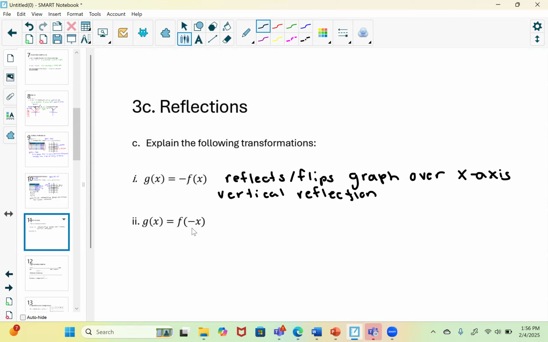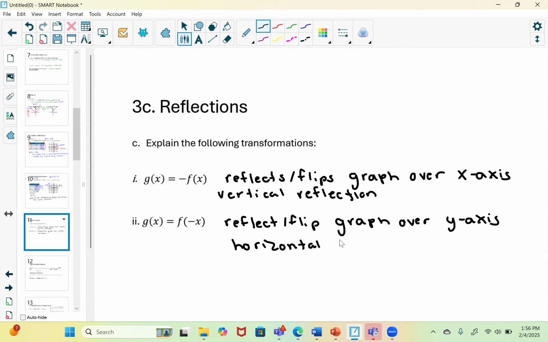And if the negative is inside the function, we reflect, flip the graph over the y-axis, which is called a horizontal reflection. Okay, so those are our reflections when we have the negative.